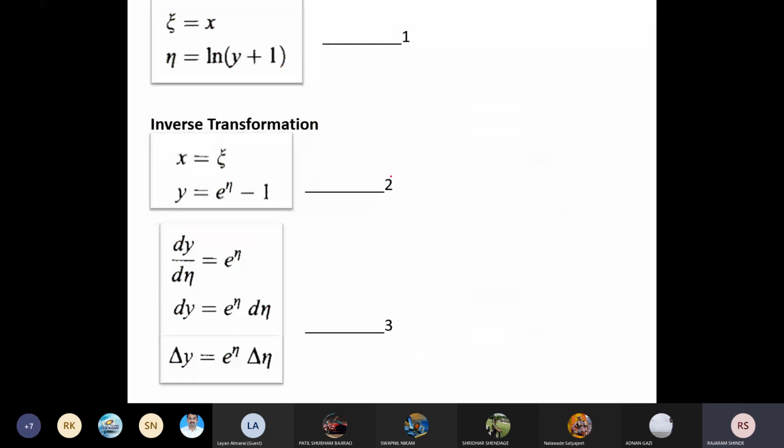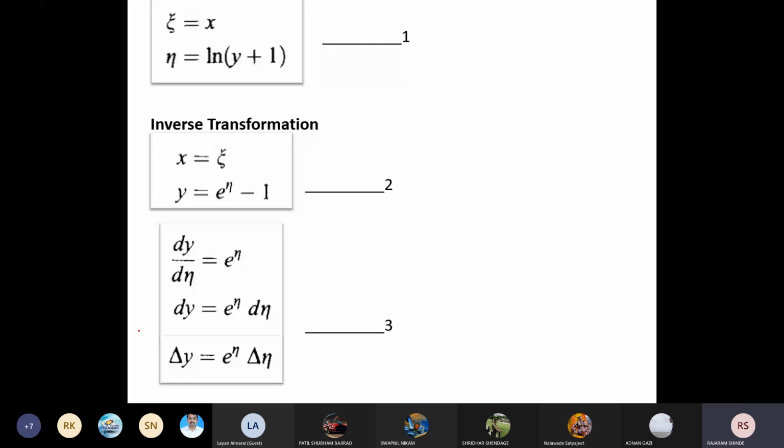But we need some transformation for the vertical direction, that is spacing between the horizontal grid lines in vertical direction. Now that transformation equation I have written here, and that transformation equation is eta is equal to log of y plus 1.